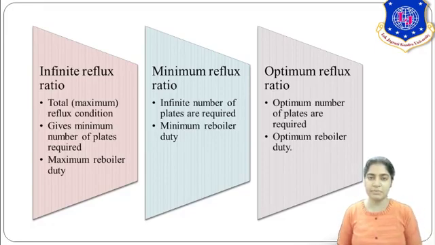It gives you the minimum number of plates required for the desired degree of separation, and the reboiler duty is maximum for this ratio. The second one is minimum reflux. Here you can say that an infinite number of plates are required to achieve the desired degree of separation, whereas the reboiler duty is minimum. For optimum reflux ratio, it operates at the optimum condition. Here your economic aspects are also taken into account.